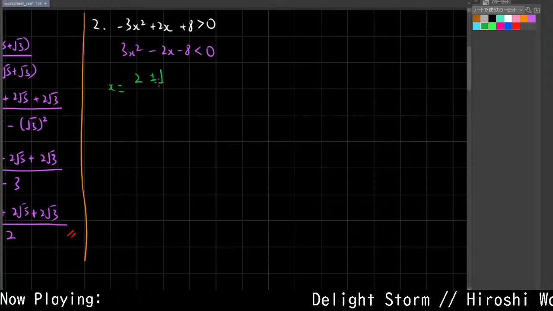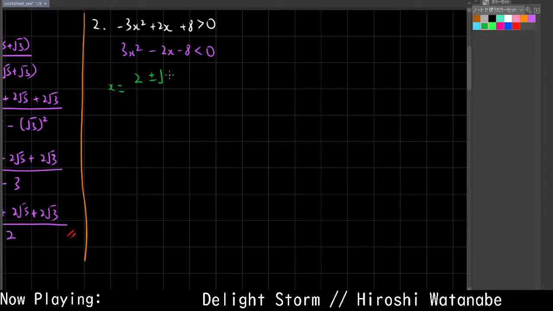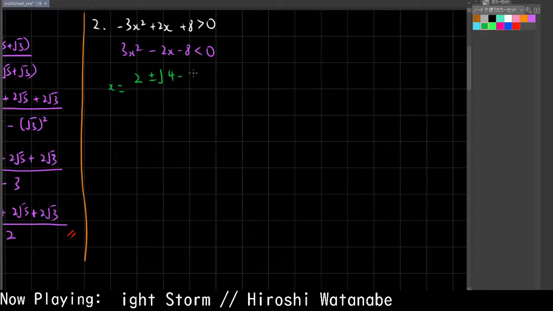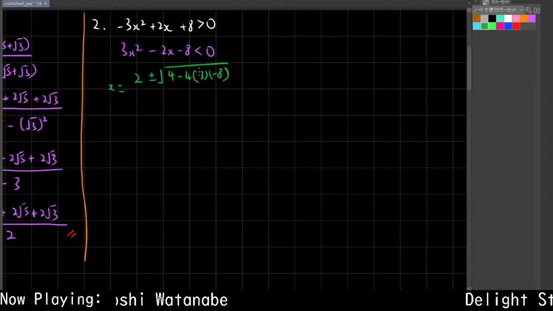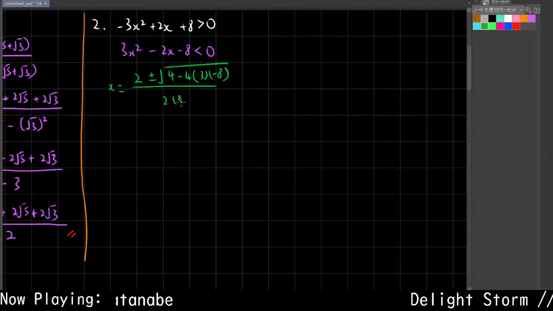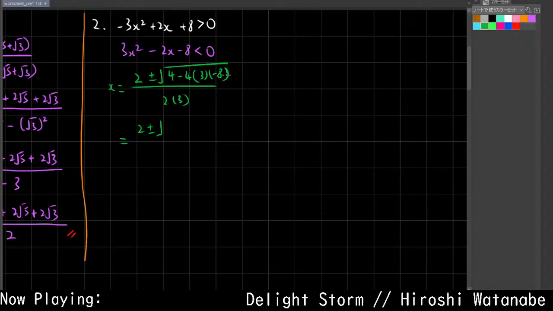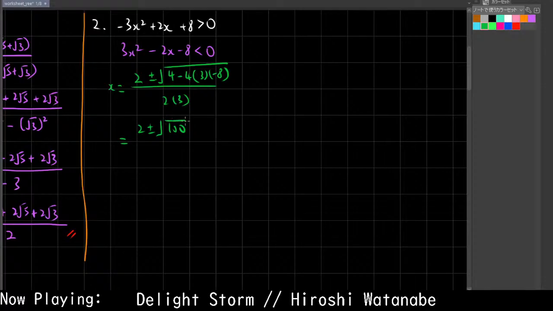Negative b plus minus square root of b squared minus 4ac, 4 times 3 times negative 8, then over 2a. This is 32, 96, 100. Oh, okay. That's a nice number.